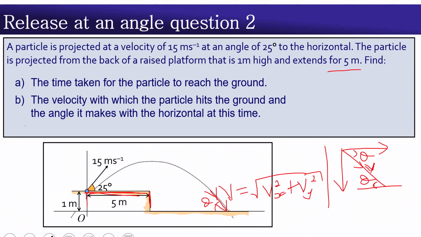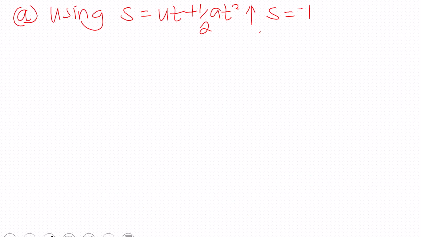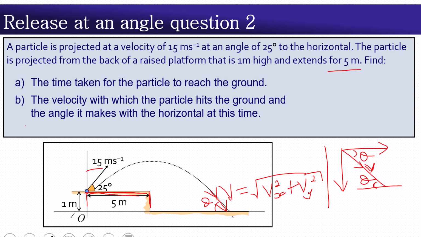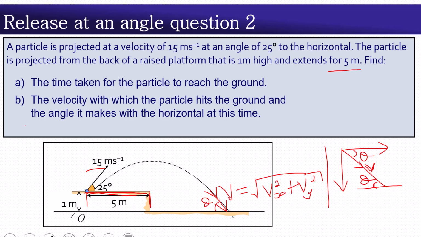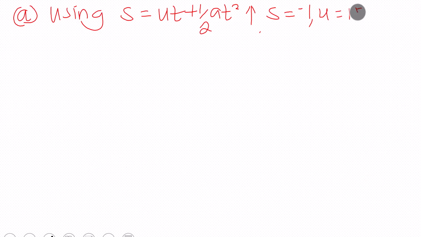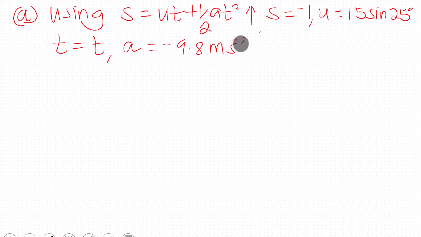As I told you, this is negative because it is below the point of projection. Our u is going to be 15 meters per second sine of 25 degrees. And then our time, we can call it t. We can call our acceleration -9.8 meters per second squared.